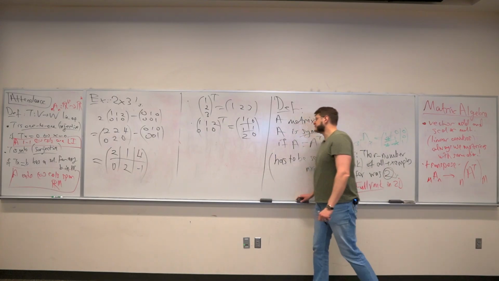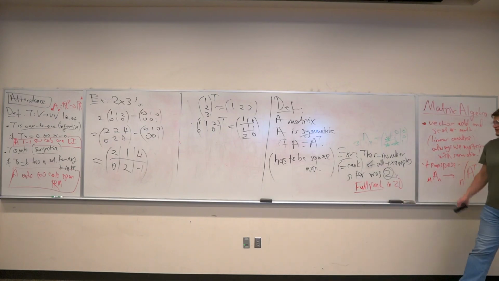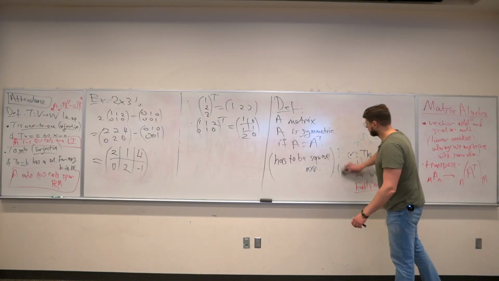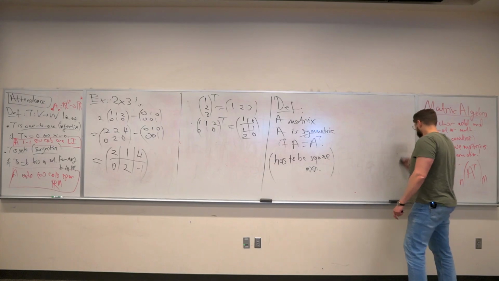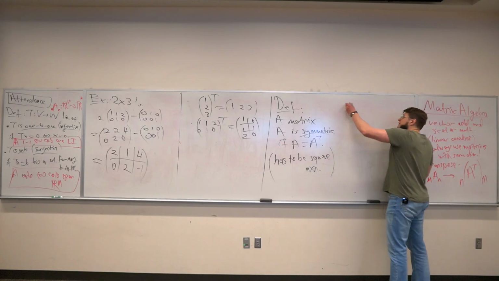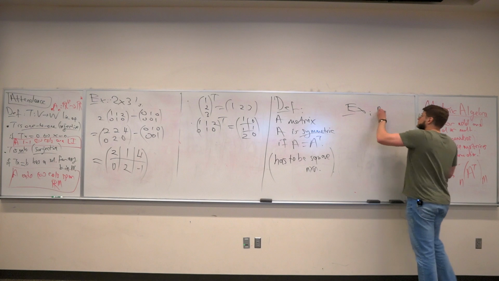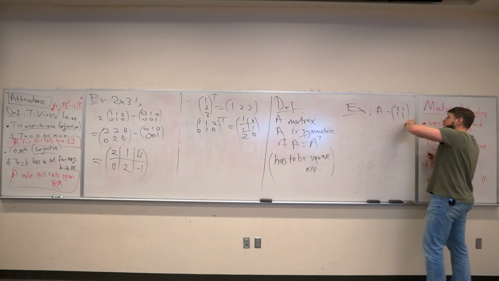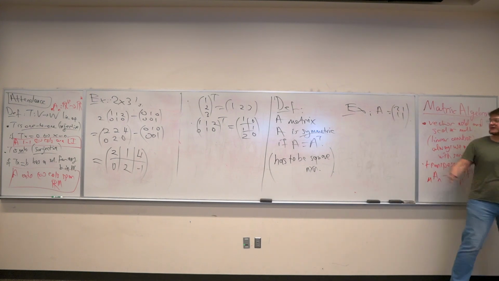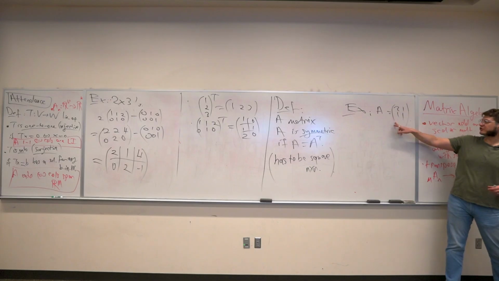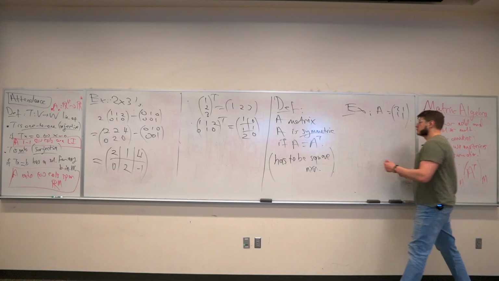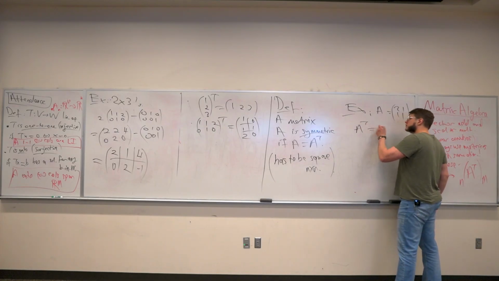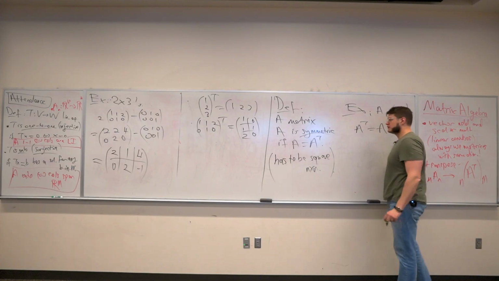What's an example of a matrix like this? In fact, I think in the first problem set you saw one: 2, 1, 1, 1. So an example of a symmetric matrix is 2, 1, 1, 1. If I flip, columns are rows, rows are columns; 2, 1 stays 2, 1, and so on. This is symmetric.